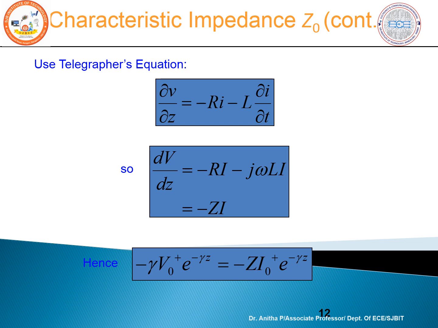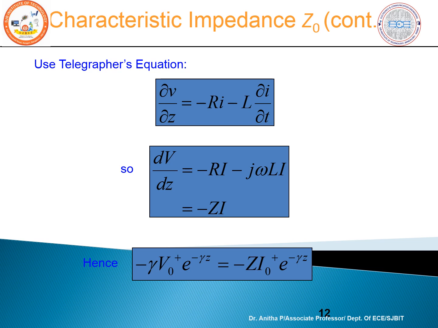If I differentiate, you'll get minus gamma into V naught into e power minus gamma z on the left hand side. On the right hand side, minus Z. What is the I value? I value is nothing but I naught plus into e power minus gamma z.